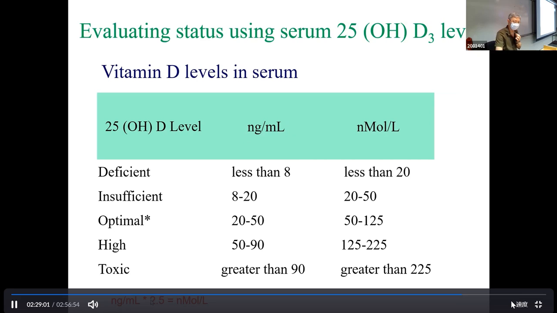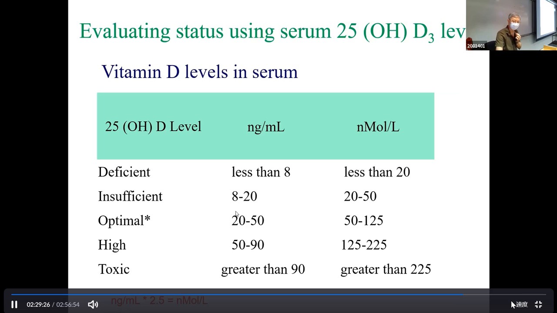The conversion is just multiplying by 2.5 if you're going from nanogram to nanomole, okay? So 20 times 2.5 is 50. I just want you to focus on what we call optimum. The optimum range presumably is 20 to 50.